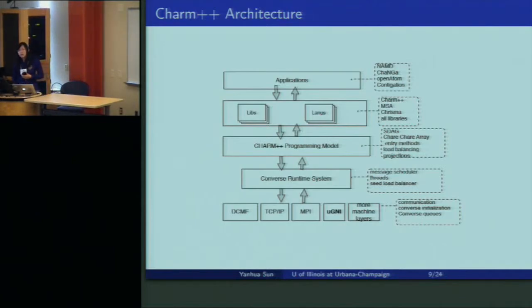At the bottom of this architecture are all the various machine layer implementations. The machine layer directly interacts with the Charm Converse runtime system and is responsible for communication initialization and all the message sending, receiving, and message queuing.